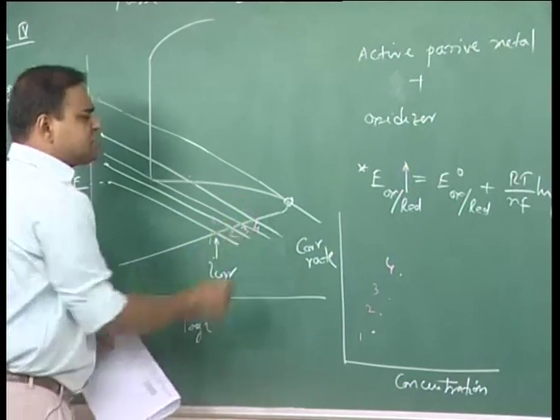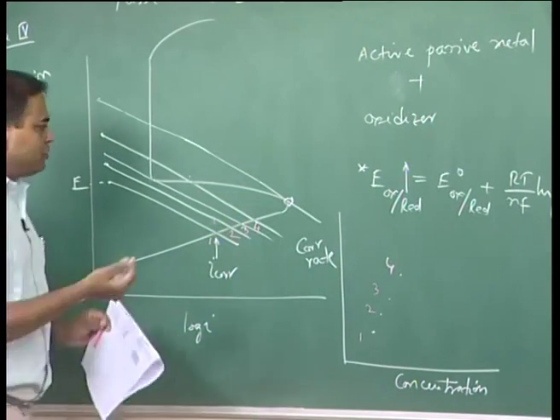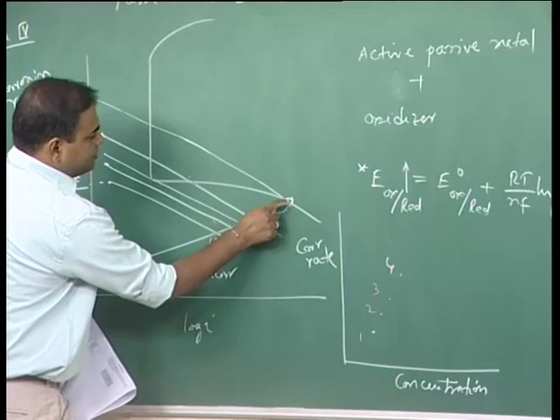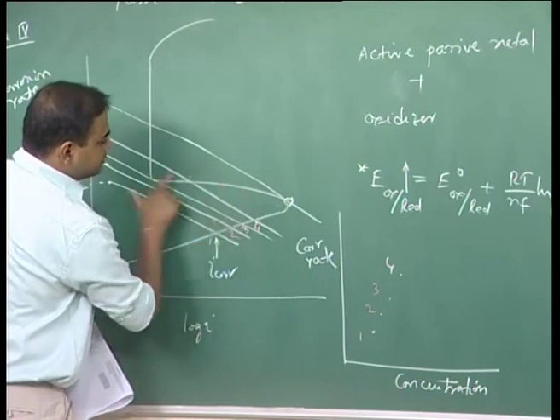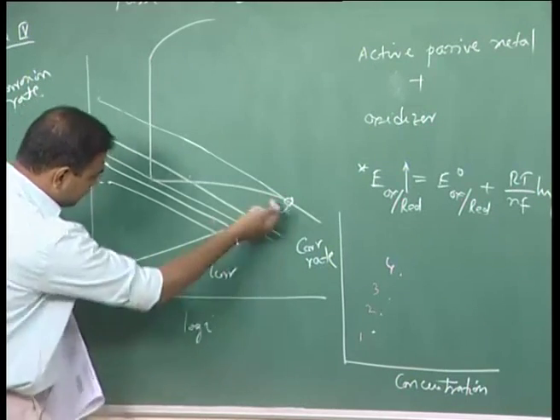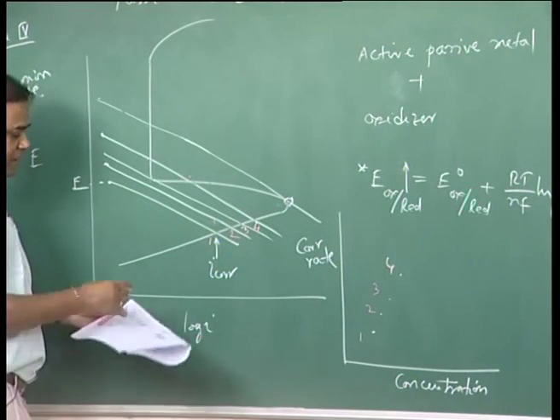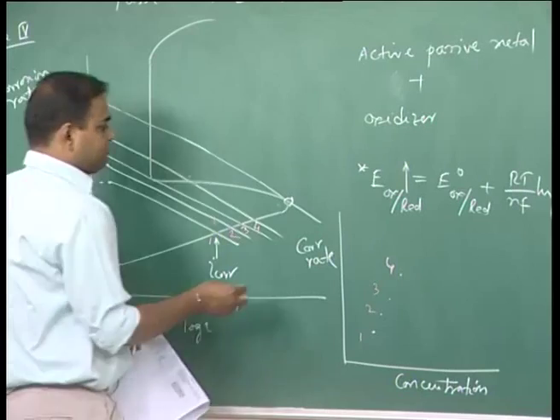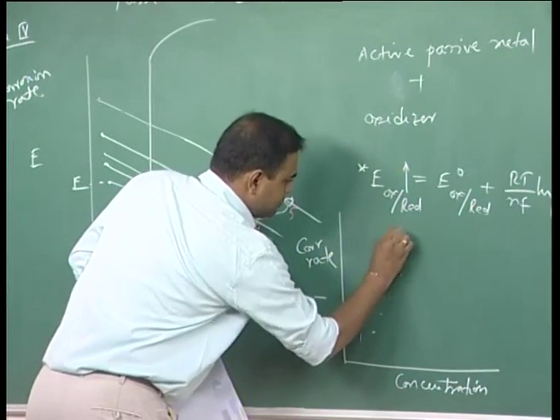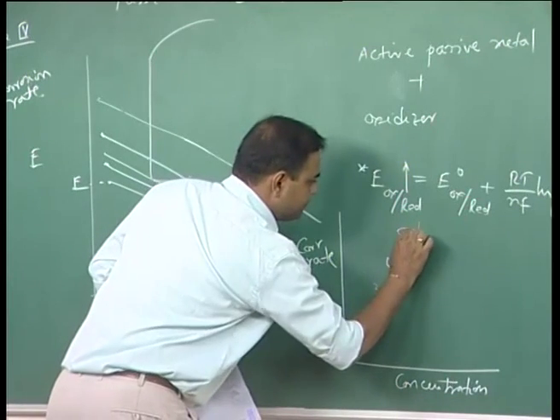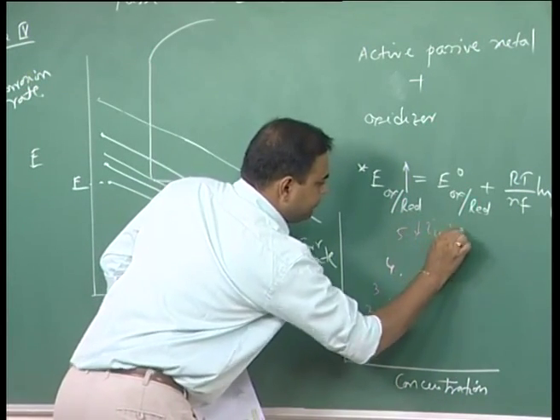So, this point is still unstable. I cannot reach there, because since it is the unstable zone I will reach here, because we have started with a freshly prepared surface. Again my corrosion rate increases. So, this is my 5th point, which corresponds to I critical.